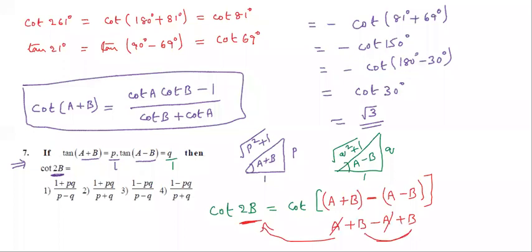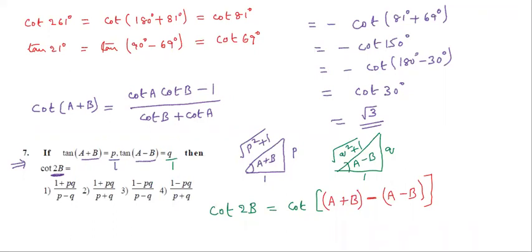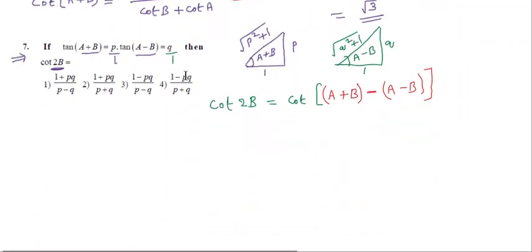That means what I am done here? Adding A, subtracting A, then we got. Now we know that cot A plus B formula here only is there. Okay, A means A plus B, B means A minus B. Apply the formula. Tell me, students.